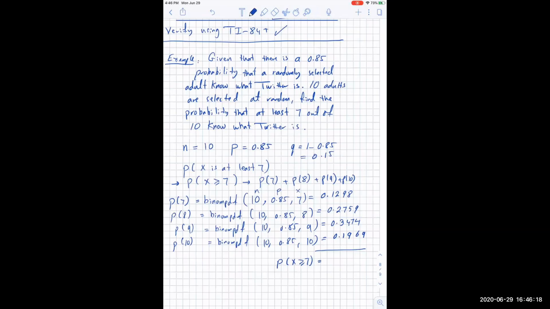So I'm going to add these values: 0.1298, 0.2759, 0.3474, and then the last one, 0.1969. That gives 0.95. So there is a 95% chance that at least 7 out of 10 randomly selected adults will know what Twitter is. 95%.